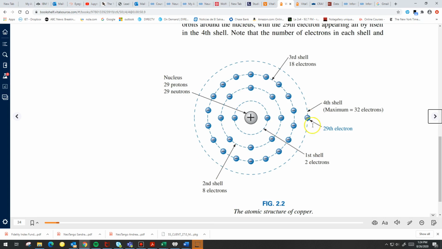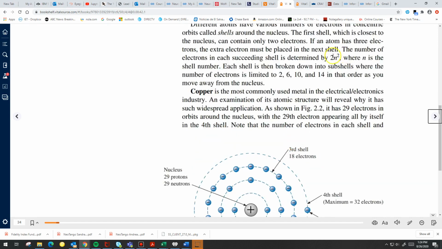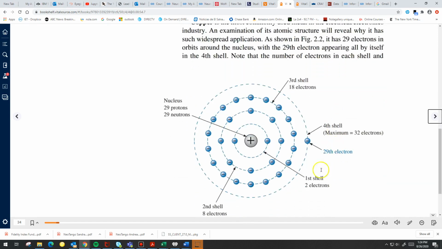If you look at the inner shells, they're all pretty tight, right? They all have a number that is related to this 2n squared number, right? In the first shell there's 2, and the second shell, there's 8, and so forth, like the 2n squared implies. But on the fourth shell, there's just one electron by itself.